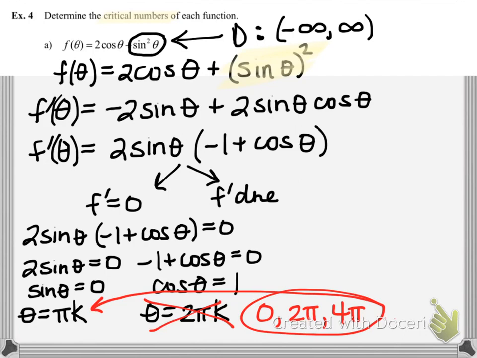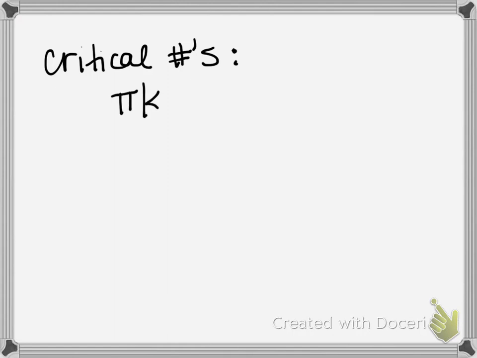So it's somewhat repetitive to list them twice. Not wrong, just repetitive. So this means that we could say our final answer for this problem, which was asking just for the critical numbers. Our critical numbers are going to be pi times k, where k is an integer.